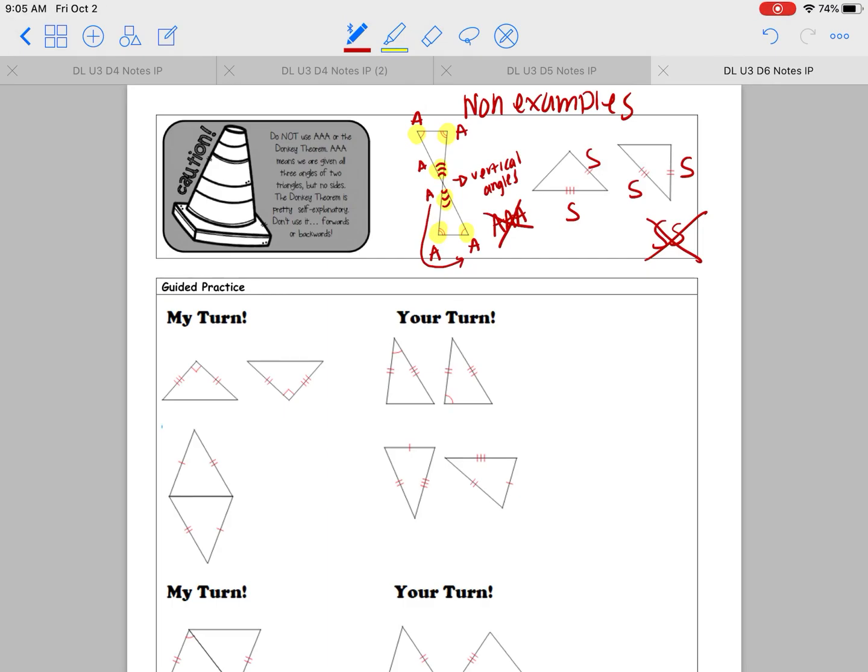The other one, the donkey theorem, guys, is the one when you have angle side side. Let me see if I can copy something like that to model for you guys. What's also another non-example is if you have angle side side. So you have here an angle, then a side, and then another side.